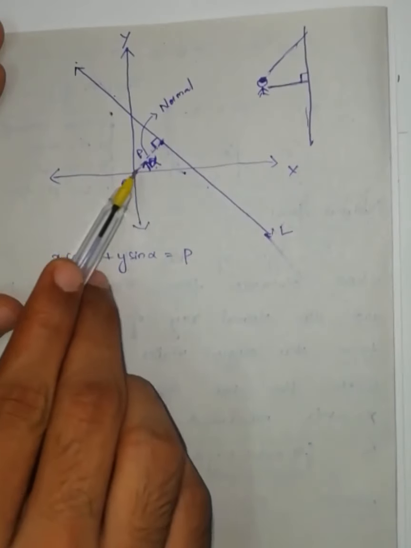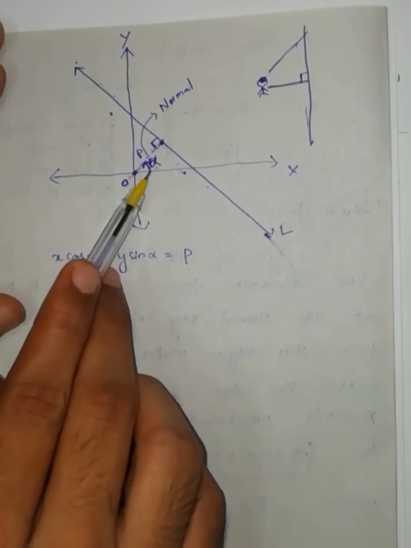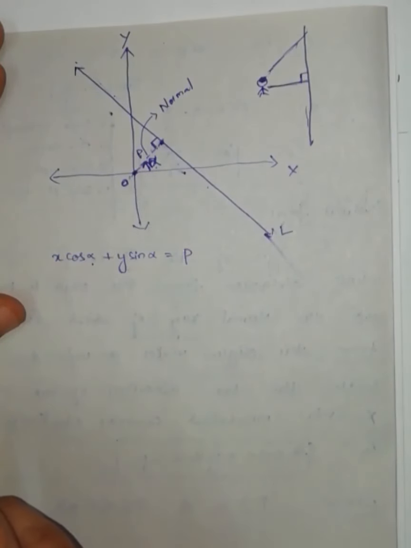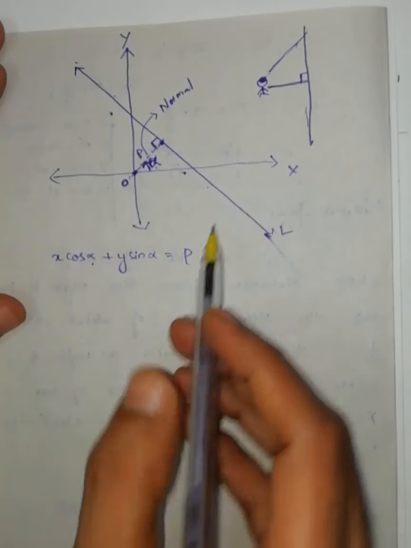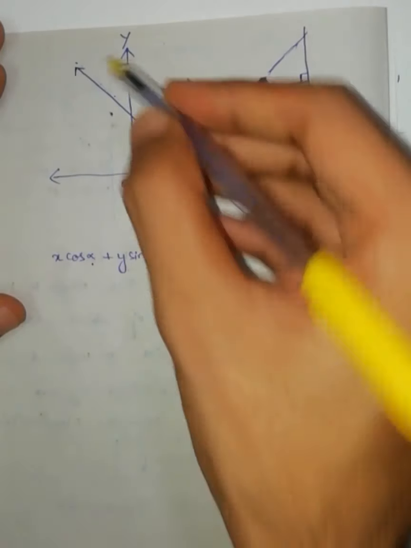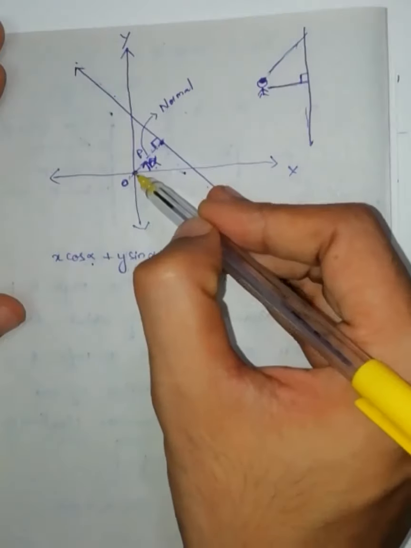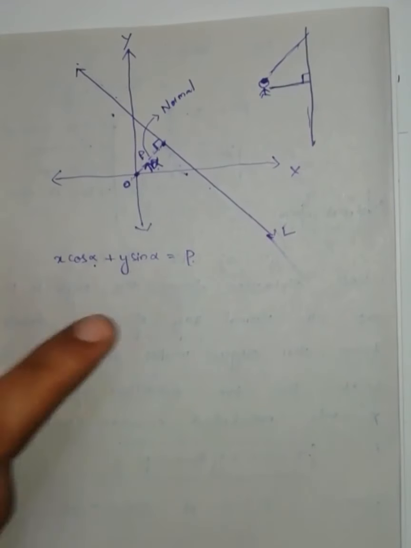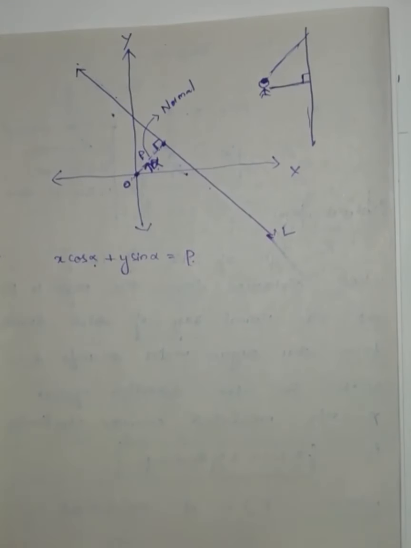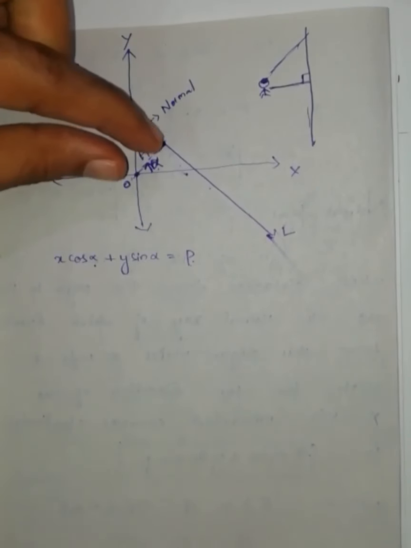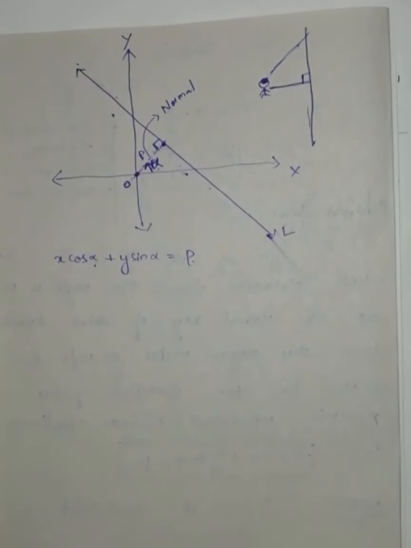Alpha is the angle of the normal with the positive direction of the x-axis. And what is P? P is the distance of the straight line from the origin. When I say distance of the straight line from the origin, indirectly it means the distance of a perpendicular line from the origin to the straight line. Let us discuss some of the problems on this one.